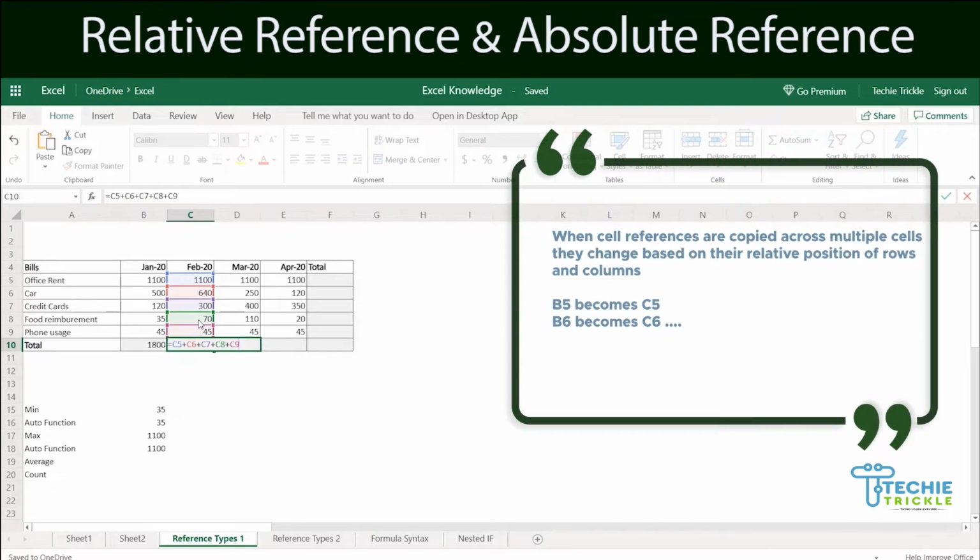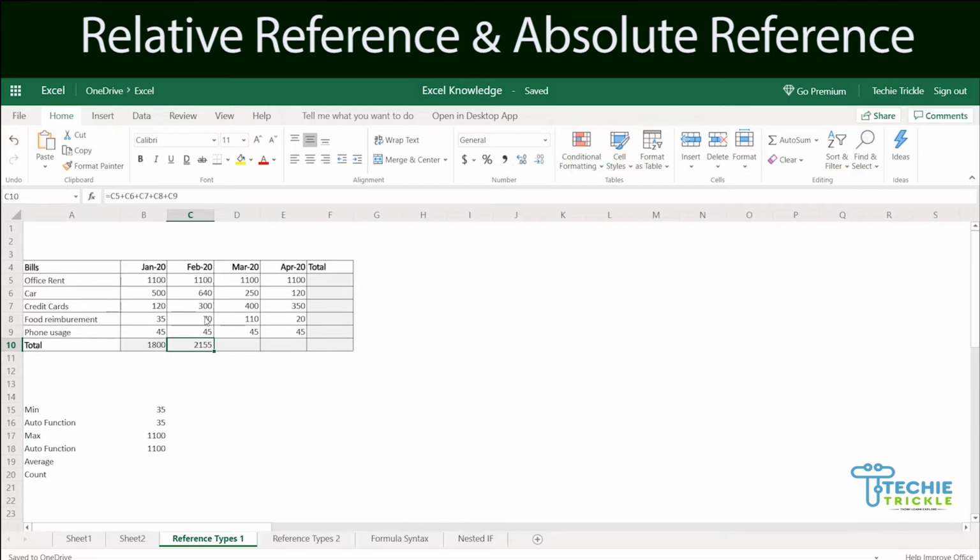Because it knows that when you do this sum, it is referencing the 5 or 6 cells that you have here on top, right? So it is able to understand, and it is basically changing from B to C.